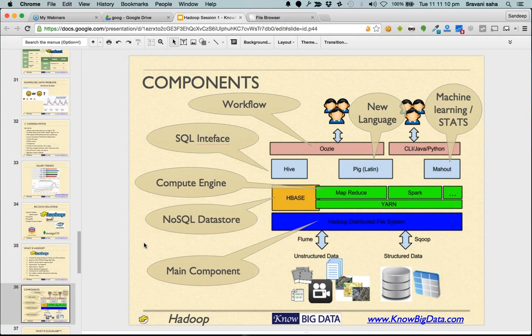Next, on top of HDFS is everything else standing in Hadoop. The immediate one is Yarn, which is called the compute engine, or you can say resource allocator, as in Yet Another Resource Negotiator. That is Yarn.